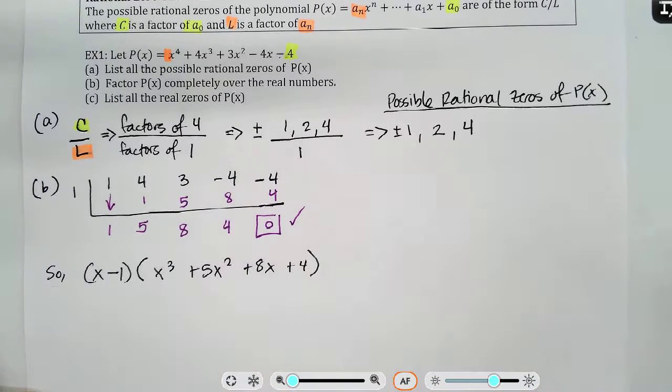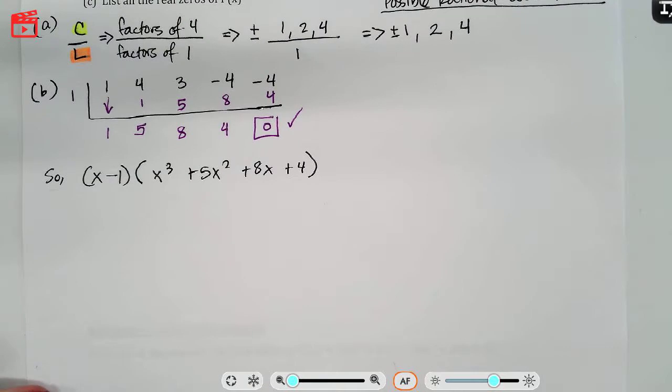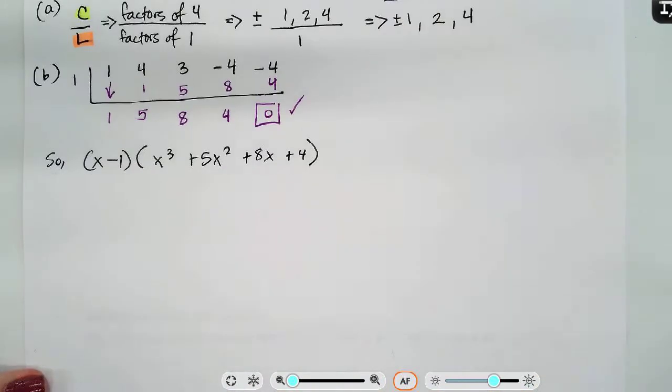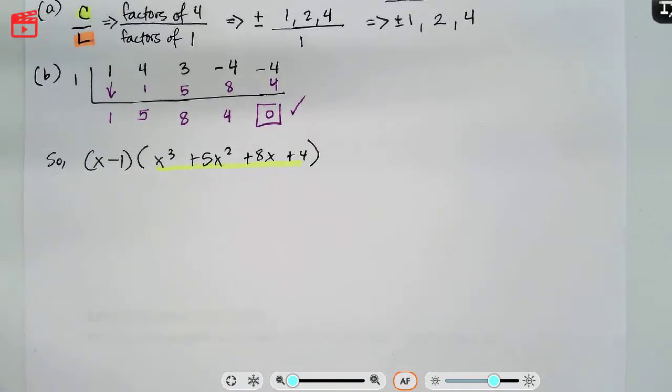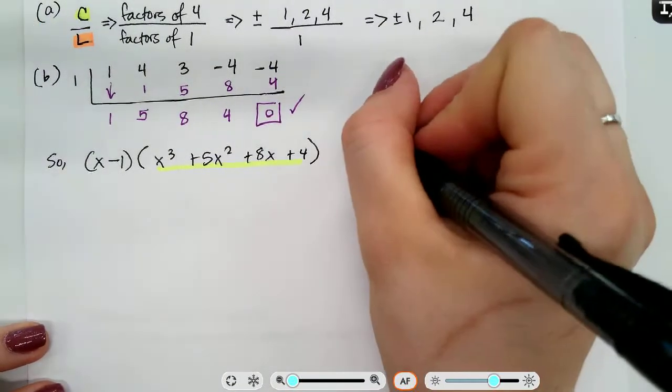Now, because I managed to factor this, you could go back and check these rationals with the original polynomial, but now I just want to factor this one.